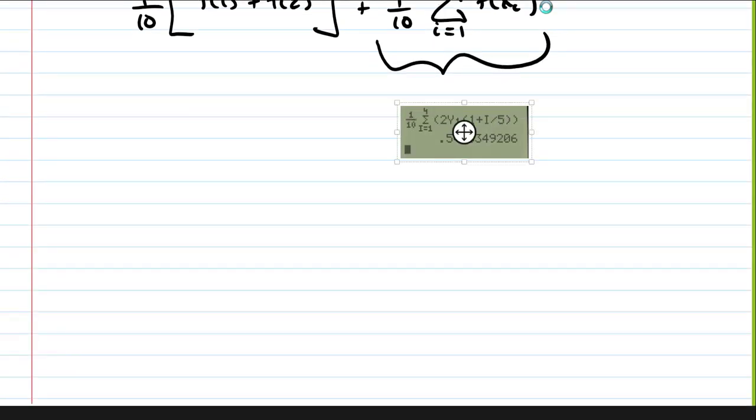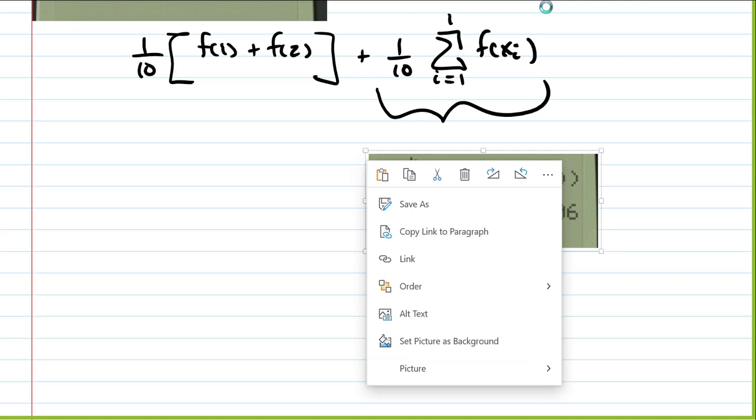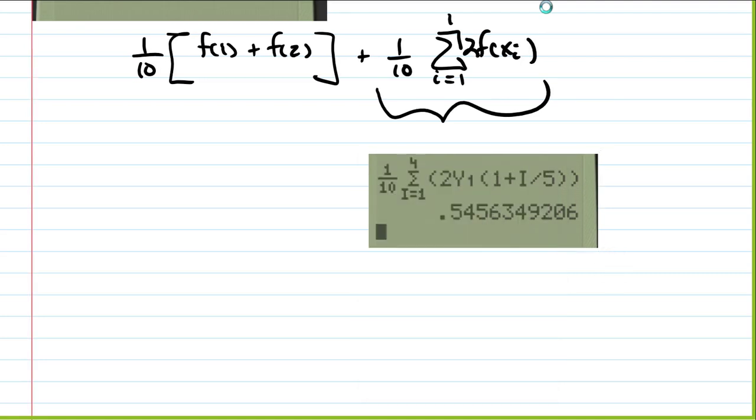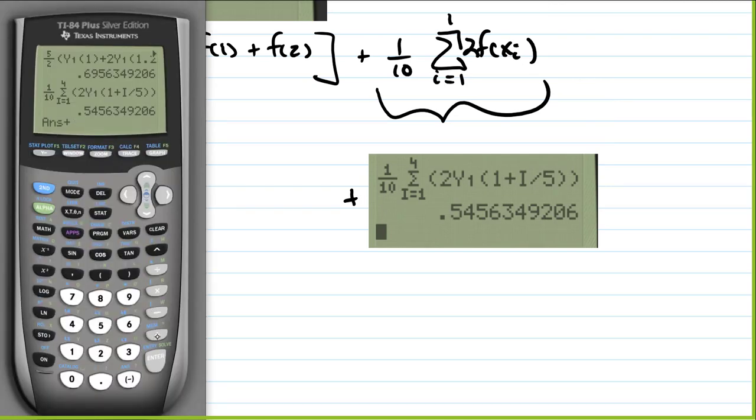I did it right on the calculator, but I left the 2 off up here in this formula. Should be a 2 right there, right? So that's our correct value for this. And now we need to figure out this. Well, it's just 1/10 times each of these. So if we just press plus, it pulls down our previous answer, plus 1/10 times y of 1 plus y of 2.